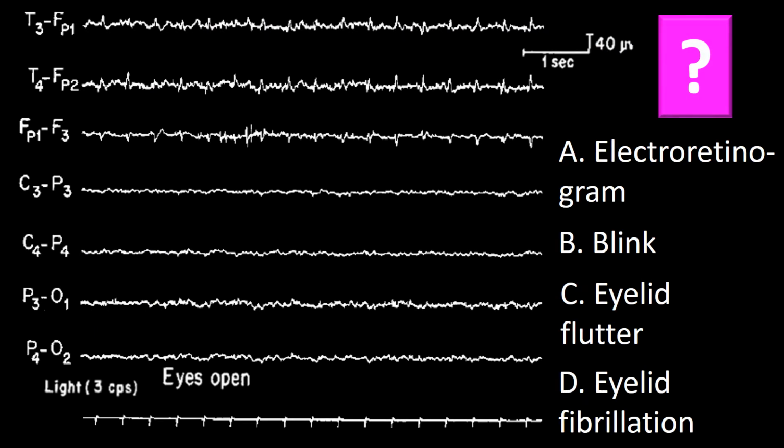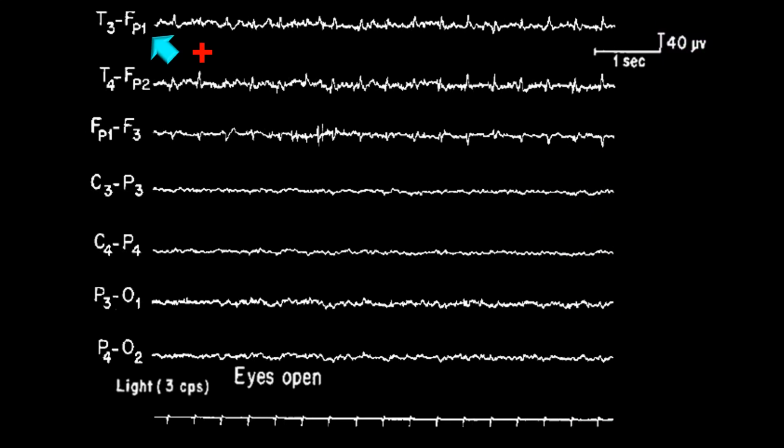Next question. Please look at this epoch and choose the right answer. A. Electroretinogram. B. Blink. C. Eyelid flutter. D. Eyelid fibrillation. This frame shows sharp waves positive at FP1.